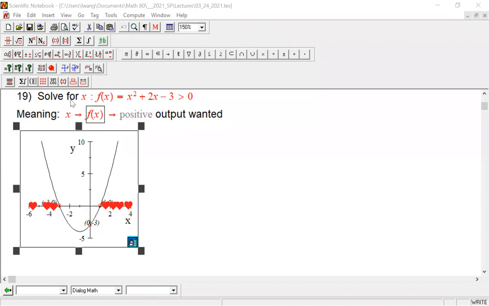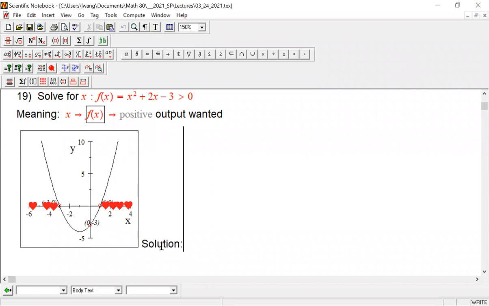So the solution for input would be x less than -3, or x larger than 1. You guys follow me? So that's the solution to number 19.